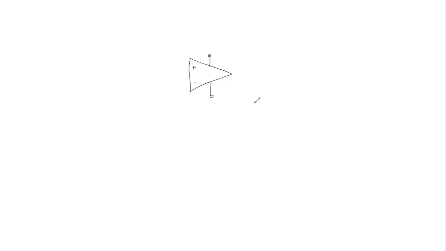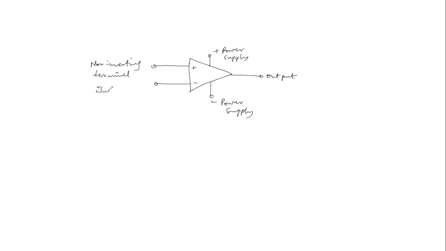Then we have the output, the positive power supply, and the negative power supply. The terminal connected to the positive terminal is usually referred to as the non-inverting terminal, while the negative terminal is referred to as the inverting terminal.